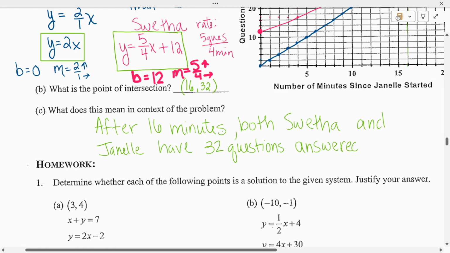Because remember, the x value is the time and the y value is the number of questions.